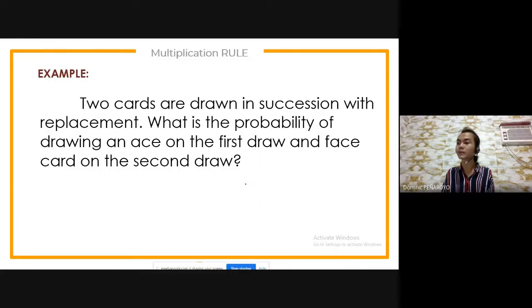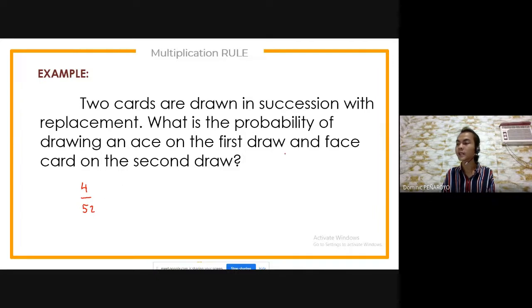Okay, so the first event is the probability of drawing an ace on the first draw. So ilan yung ace na meron tayo? Meron tayong apat. So the probability of getting an ace is 4 over 52. Again, yung denominator natin is the cardinality of the sample space or the total number of the sample points.